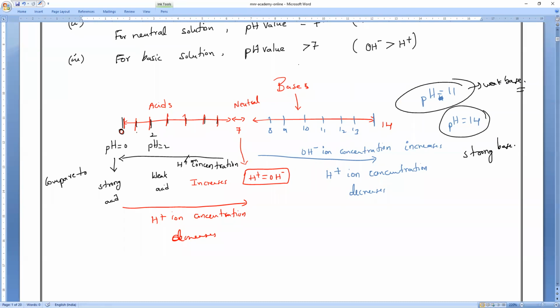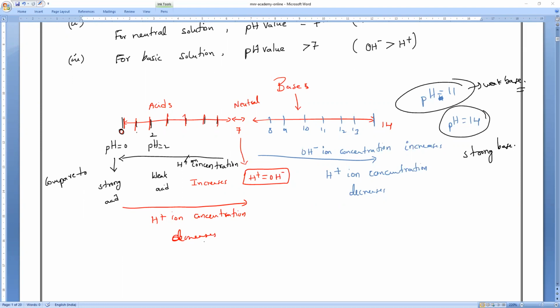So in bases, the higher the pH, the stronger the base. In acids, the lower the pH, the stronger the acid. Do you all understand? That is what you have to remember.